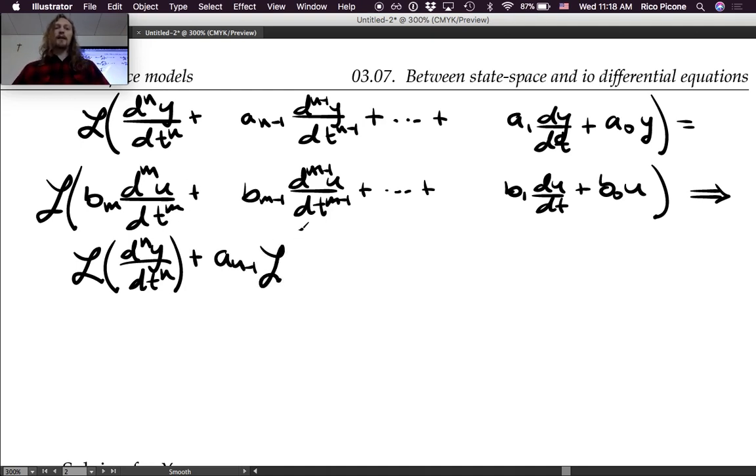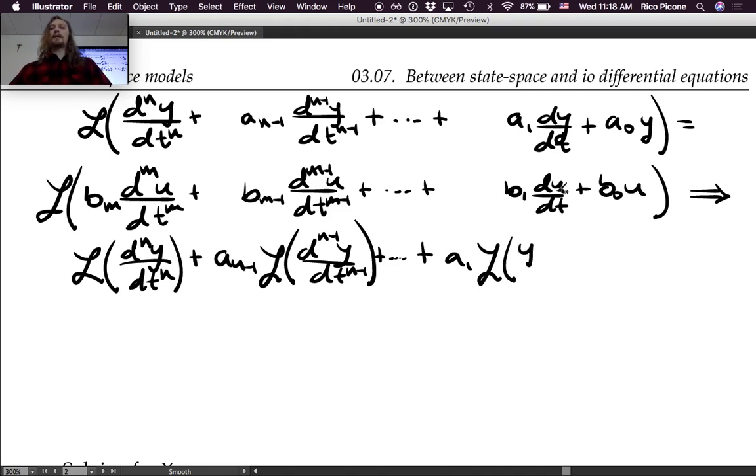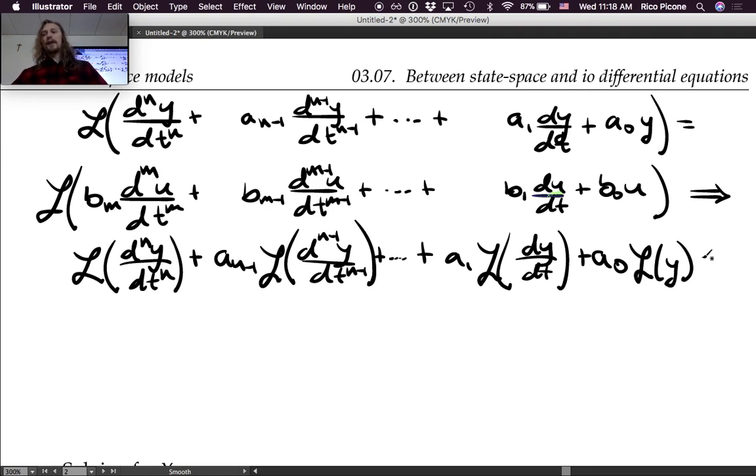And we're going to have the Laplace transform of d^{n-1} y/dt^{n-1} plus a1 Laplace transform of dy/dt plus a0 Laplace transform of y. Whew. So that's the left-hand side, right?